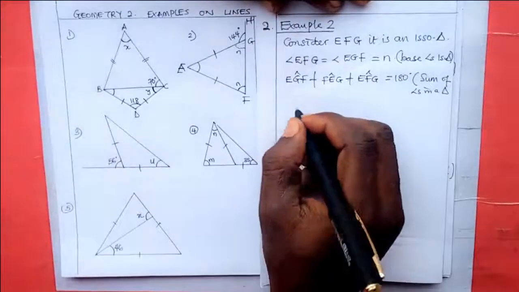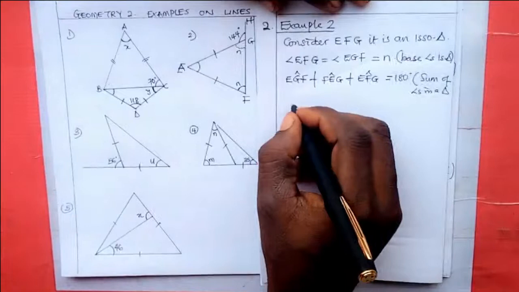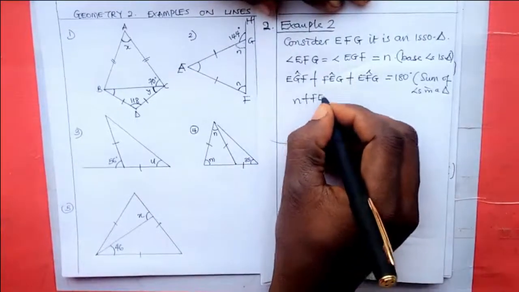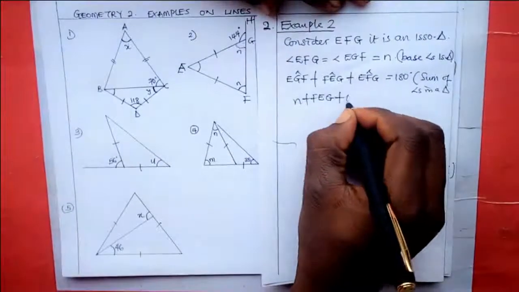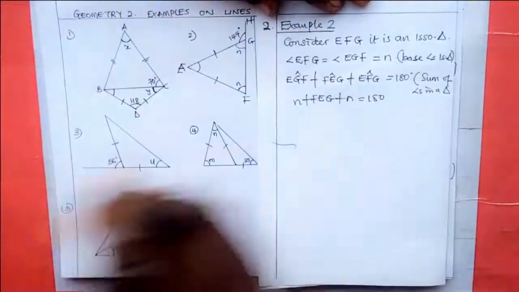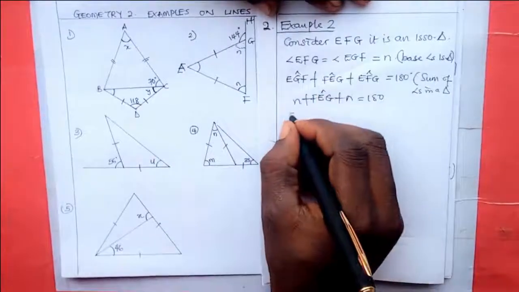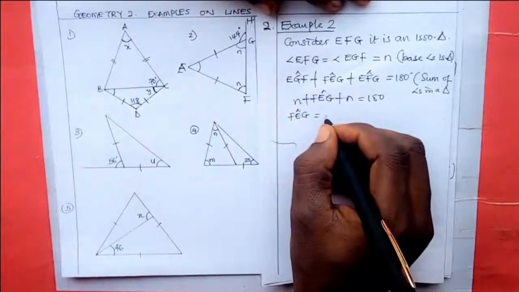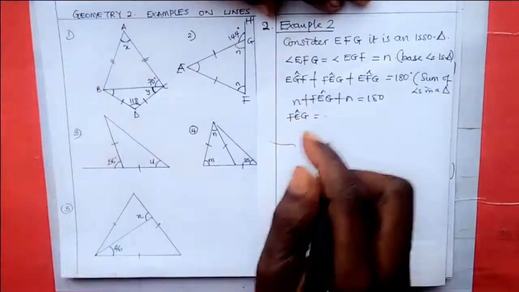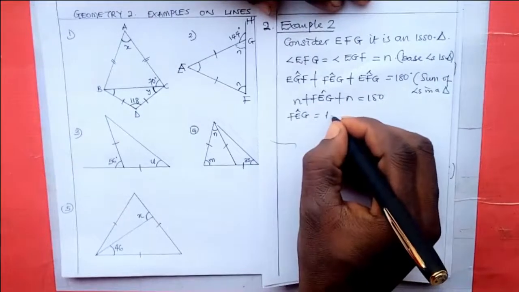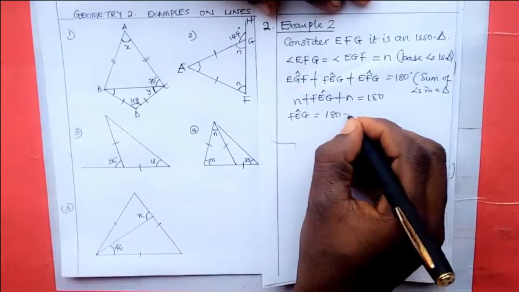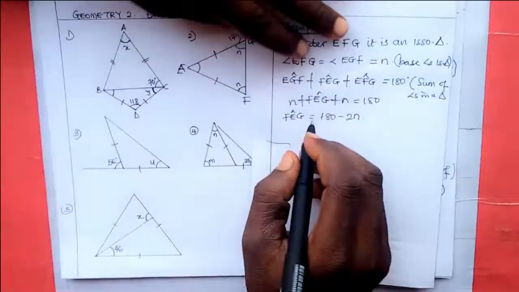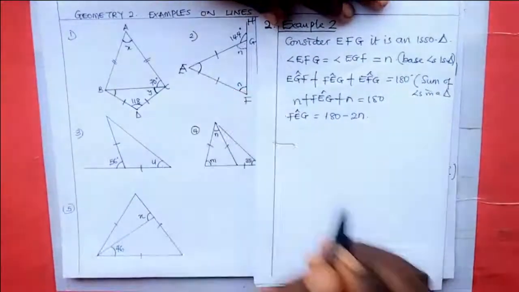Then when we add them together, so I have n plus FEG plus n is equal to 180 degrees. So angle FEG is equal to 180 minus 2n. Any problem with this? So I have gotten this angle.